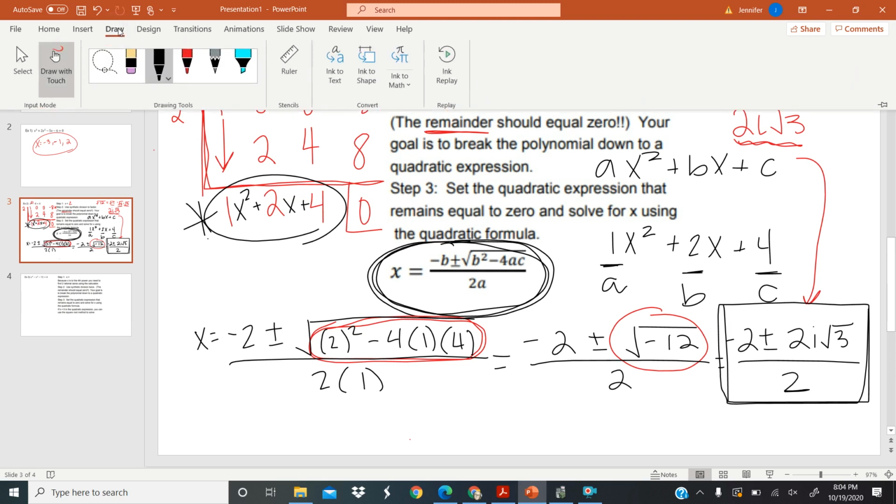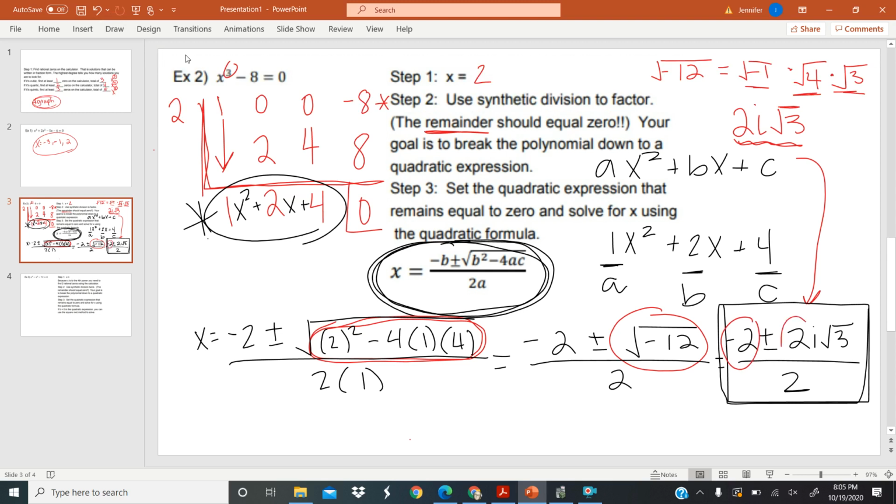So what I mean by that is we have this negative 2 and this 2 here. Both of those are going to be divisible by the 2 that we're dividing by. So you can do negative 2 divided by 2 to get negative 1. And then we have plus or minus 2 divided by 2 is just going to be 1. And then you would have i square root of 3. And then that gets rid of that denominator.